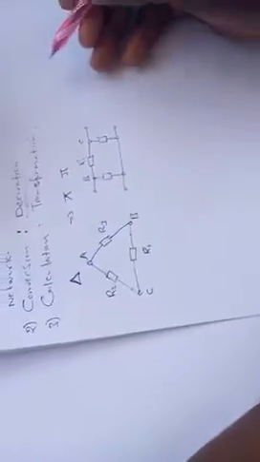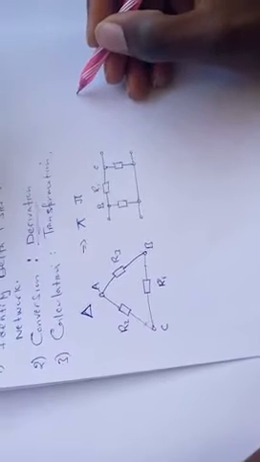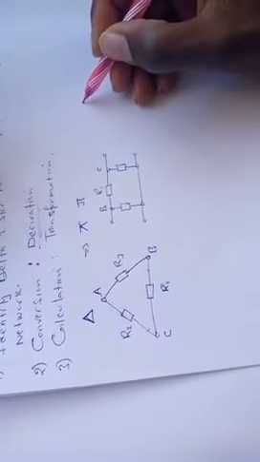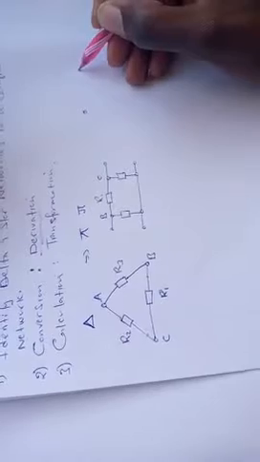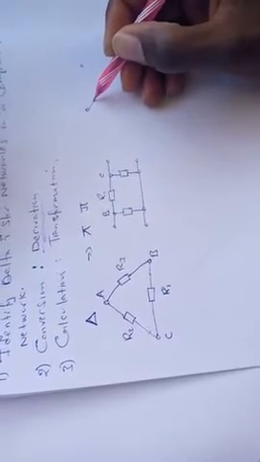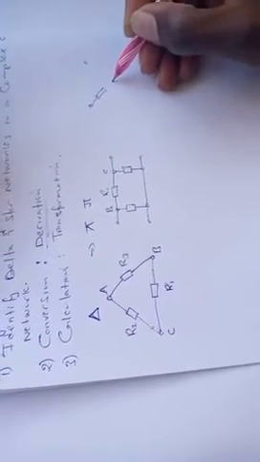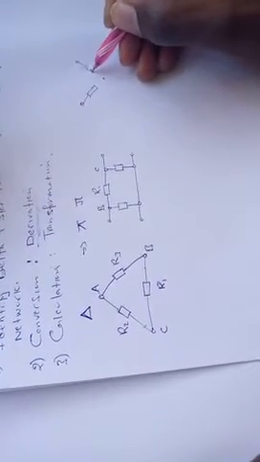Then for a star, it takes this shape. So we can say a star has this shape. It has a neutral point there.